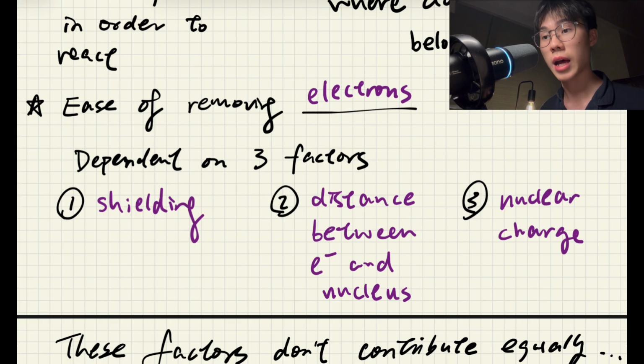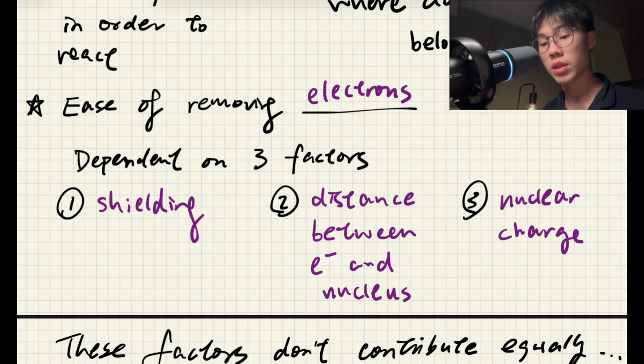So the more electron shells there are in an atom, the more shielding there is. That means there's less attraction between the nucleus and the outermost electrons. Therefore, less energy is needed to remove the electron.